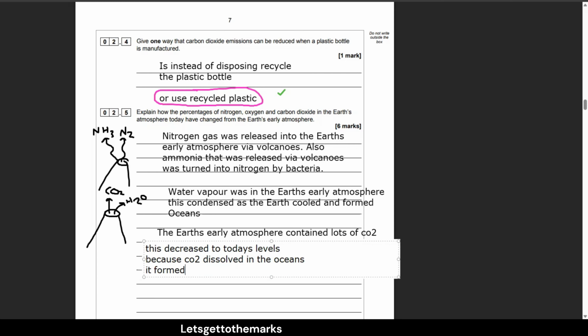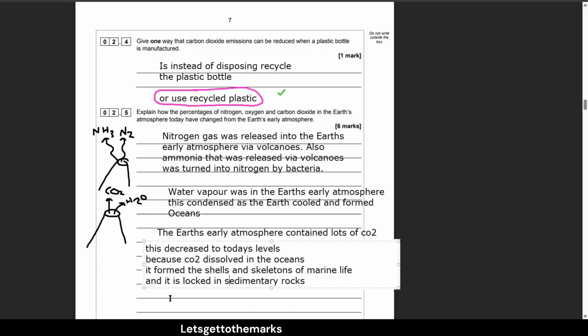Later on, it formed the shells and skeletons of marine life. Of course, you've got lots of carbon in your skeleton, so it's in all organisms, and it formed sedimentary rocks.